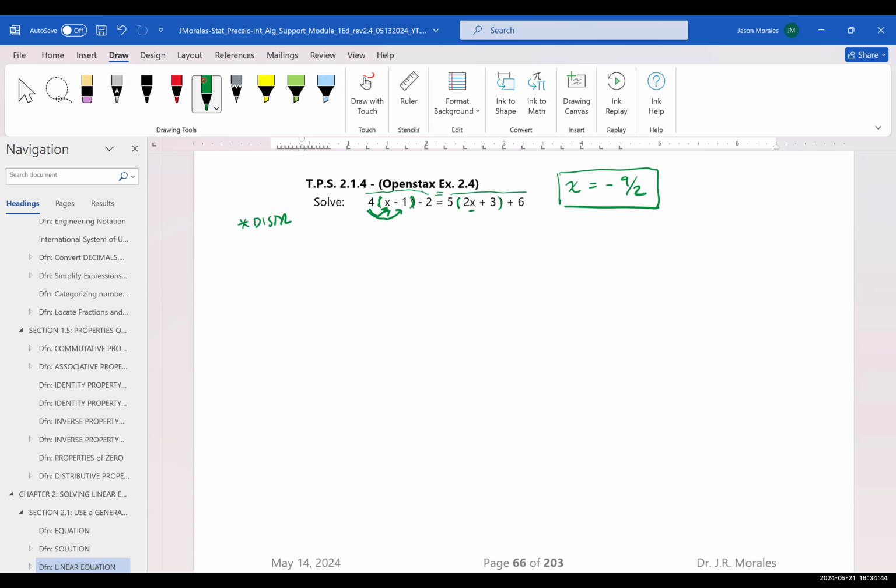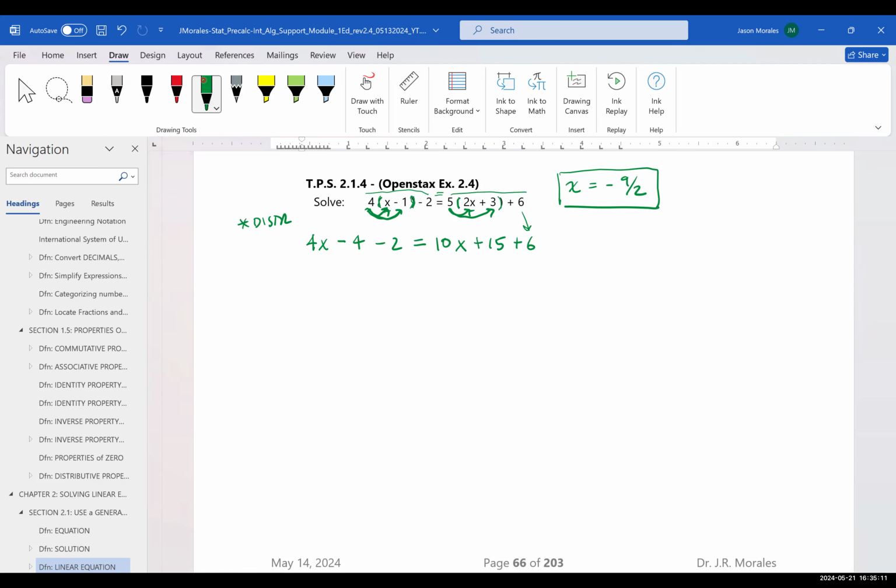So 4 times x will be 4x, and 4 times -1 will be -4. Then we've got -2. And then we'll use the distributive property here. So we got 5 times 2x, which will be 10x, and 5 times +3, which will be +15, and then carrying down this +6 here.